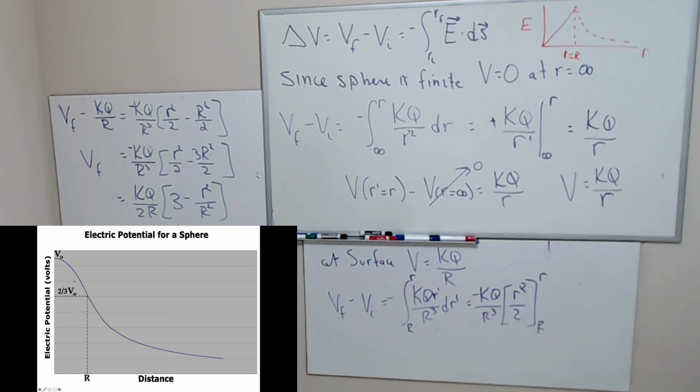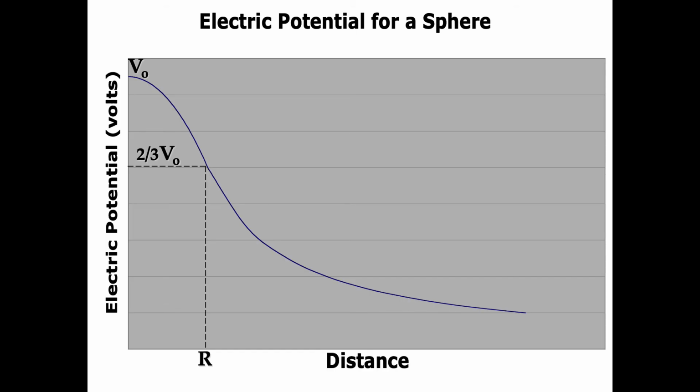Okay. So let me blow this up. We can define V naught as the potential at the center of the sphere. On the surface, it's 2/3 of that value, and then it goes down.